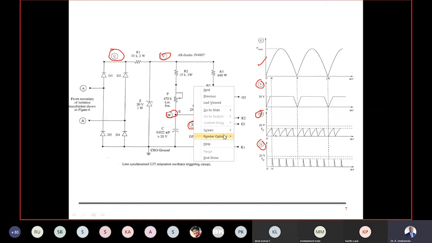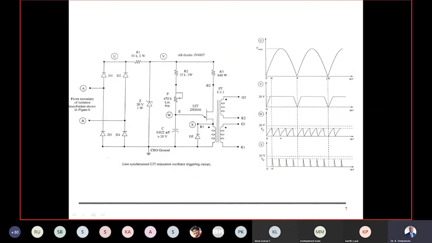Next, continuing from this, I put my resistance at a very huge value. I put in the entire 470K resistance, so current flows into the capacitor very, very slowly. The capacitor voltage increases and reaches the peak value somewhere here, then starts discharging.